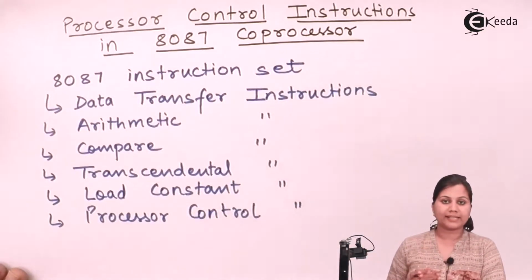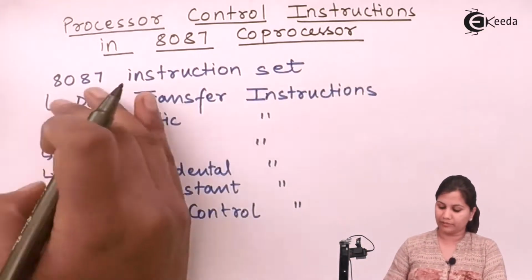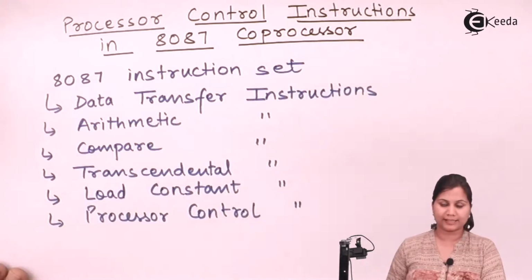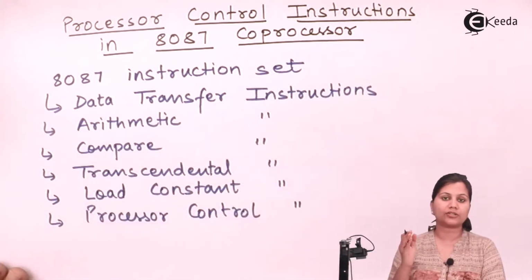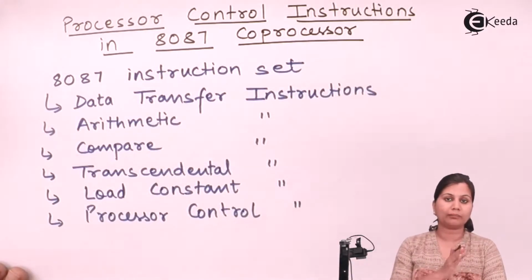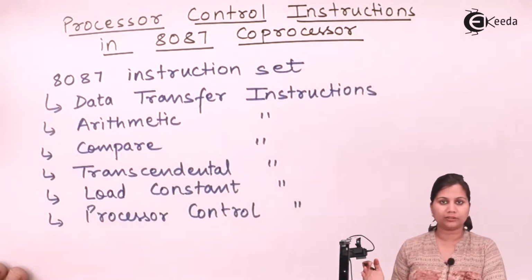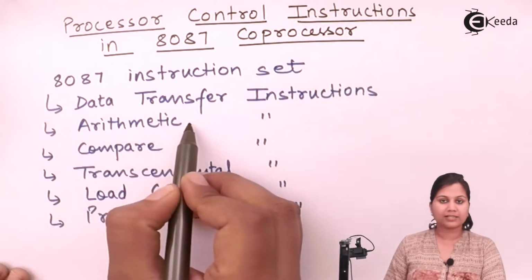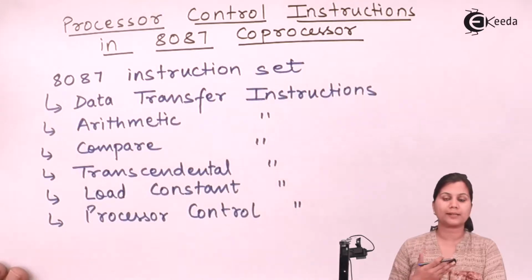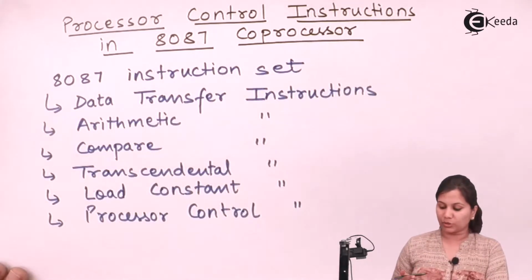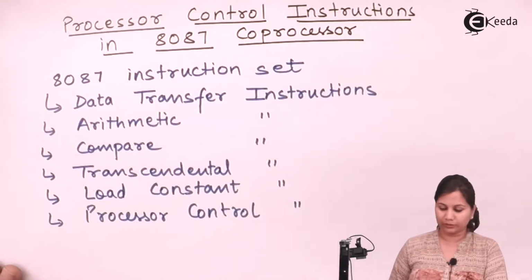There are 6 classes in which these instructions are classified. First is the data transfer instructions. These instructions transfer the data from one memory location to another location. Arithmetic instructions perform arithmetic operations like addition, subtraction, multiplication, division, and the square root and absolute value are calculated.